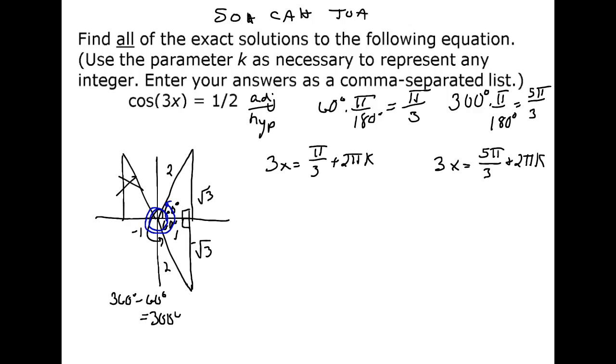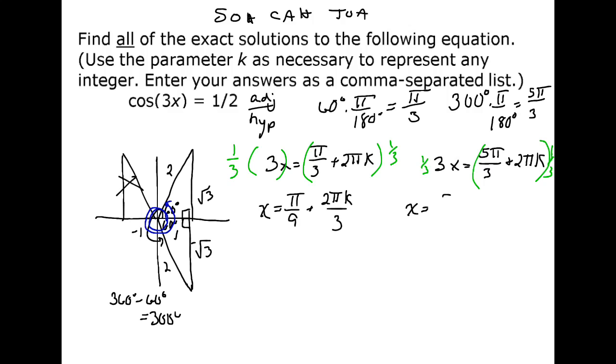Okay, well, let's multiply both sides of the equation by 1/3. So we would have x equals pi/9 plus 2 pi k/3, or x equals 5pi/9 plus 2 pi k/3.